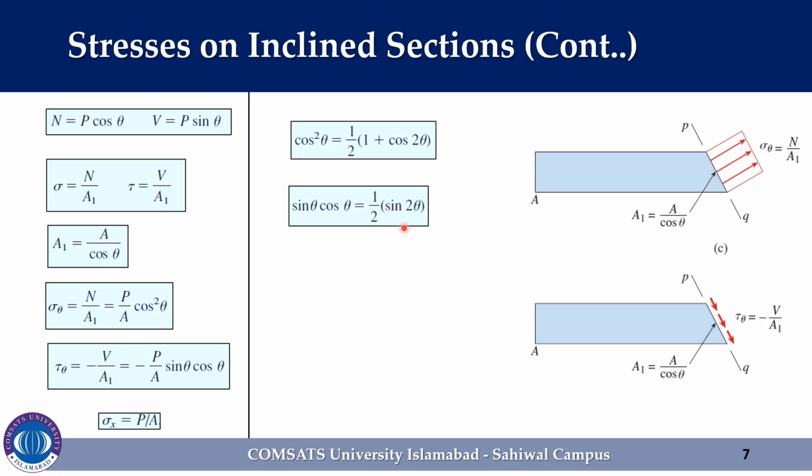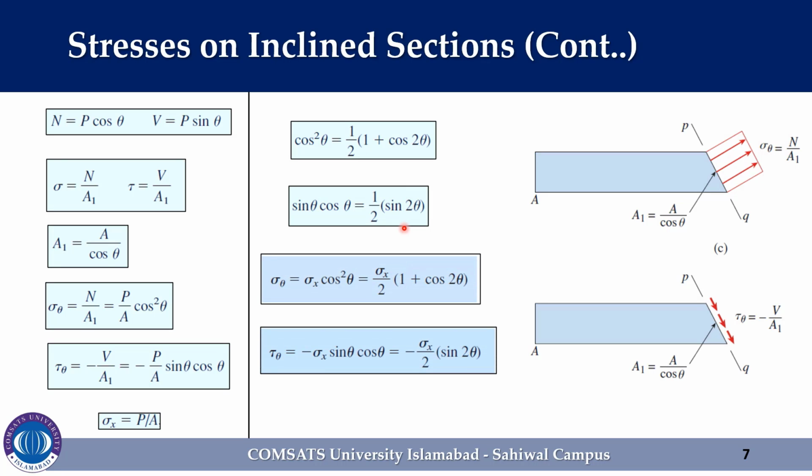We get the following expressions for the normal and shear stresses. By replacing P over A, the expression becomes sigma x cos square theta. And in the same way, for the case of shear stress, the expression becomes sigma x sin theta cos theta.